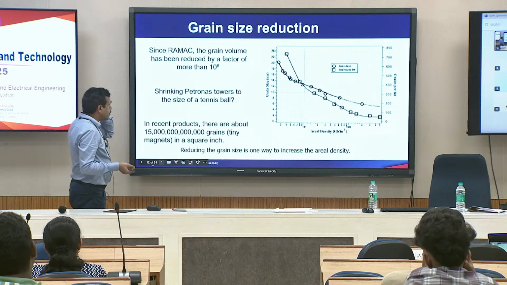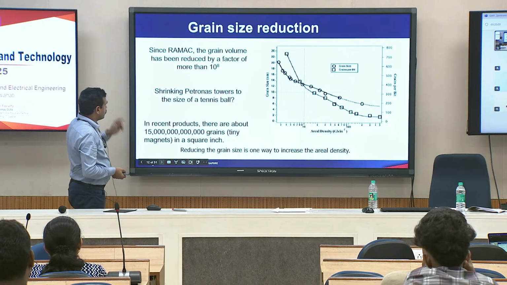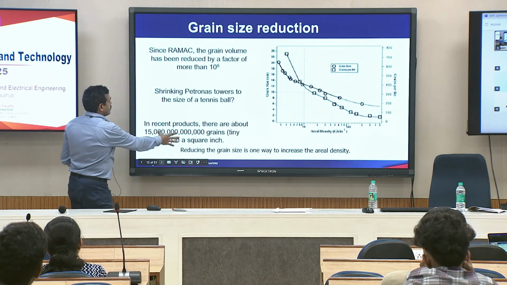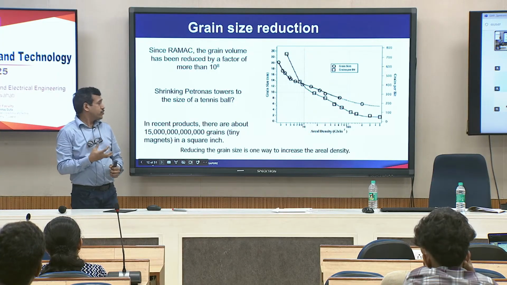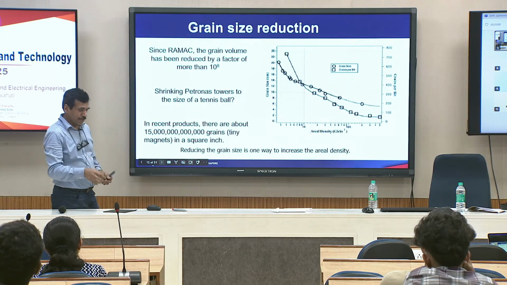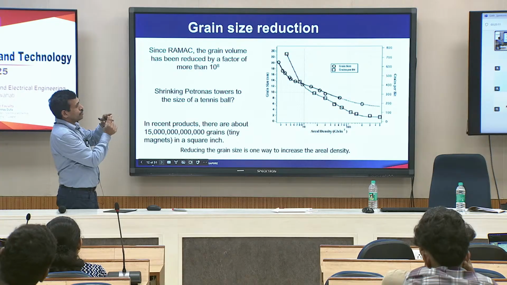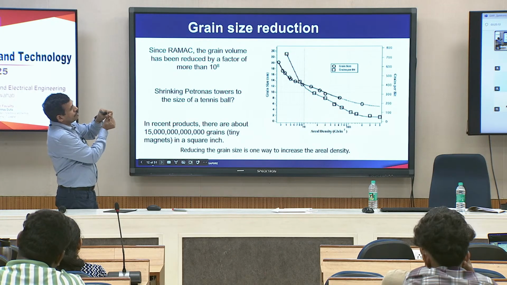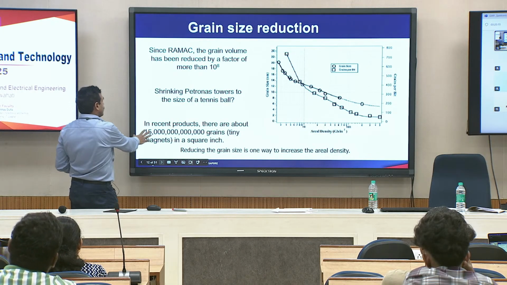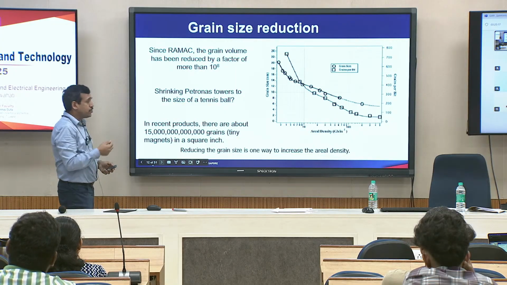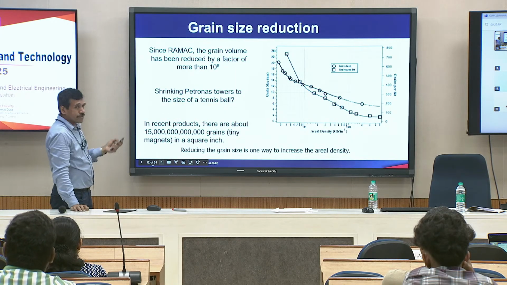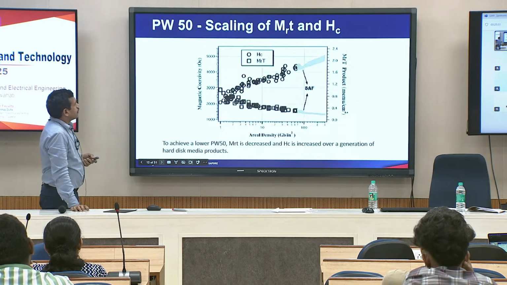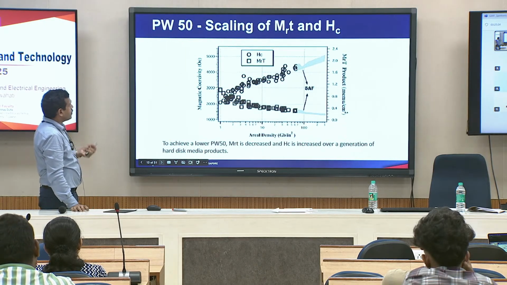So, in recent hard disk drives, you can find 15 trillion grains in a square inch. In 1 square inch, which is this small, within this area you will find 15 trillion tiny grains. So, that is the progress that we have.